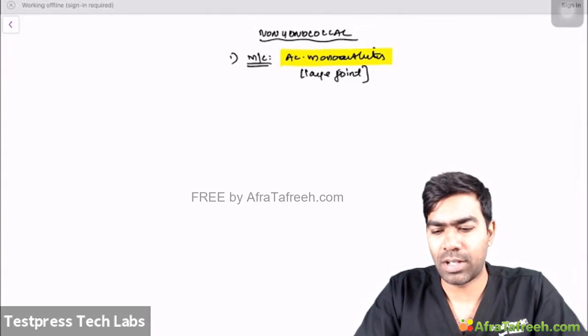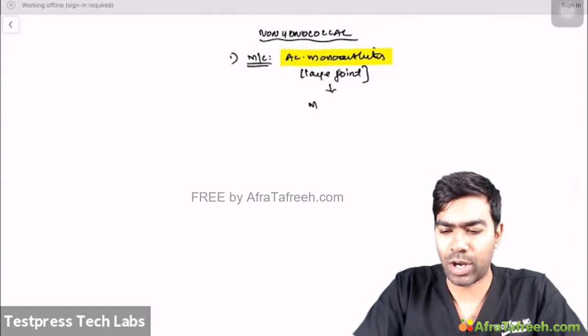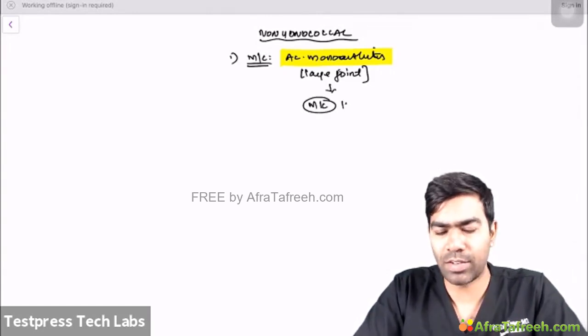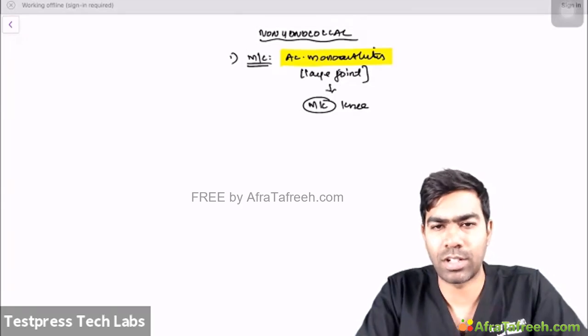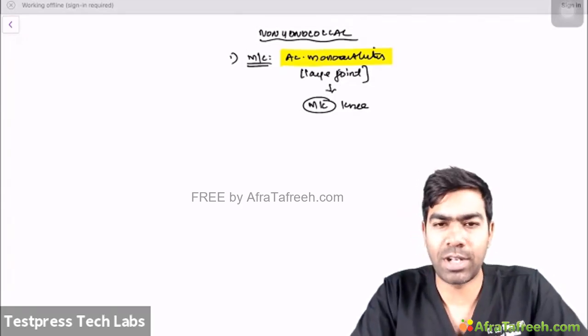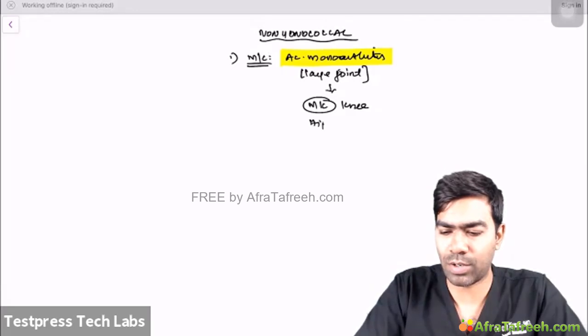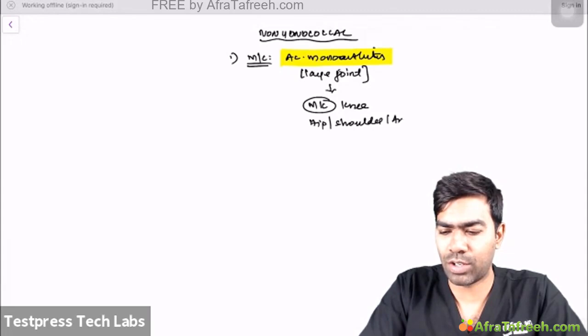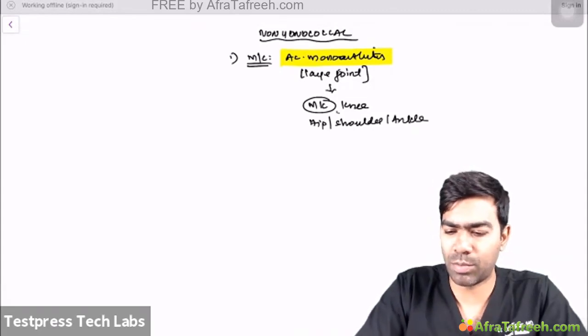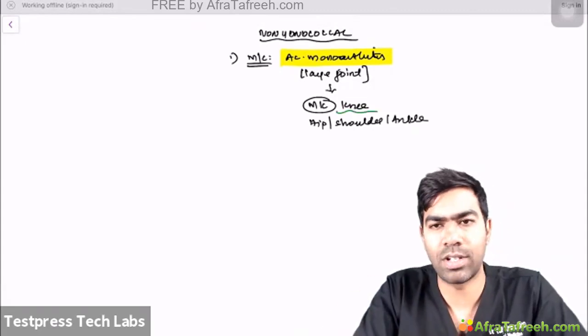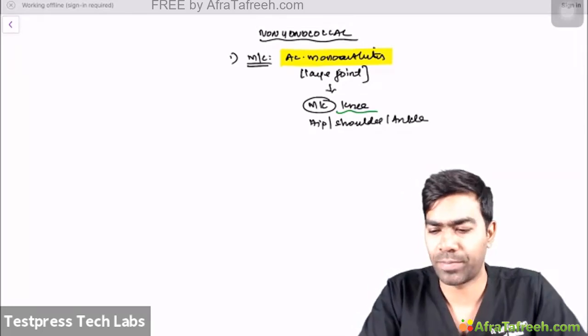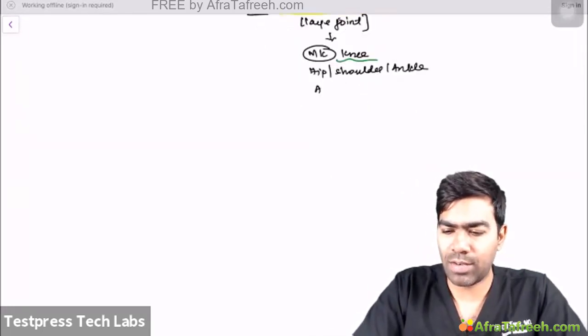Apart from that, as I told you, the most common joint involved in this particular setting will be the knee joint. But apart from the knee, you can have the hip joint, the shoulder joint, the ankle joint. Any joint can be involved, but the most common is the knee. But is there involvement of axial joints?